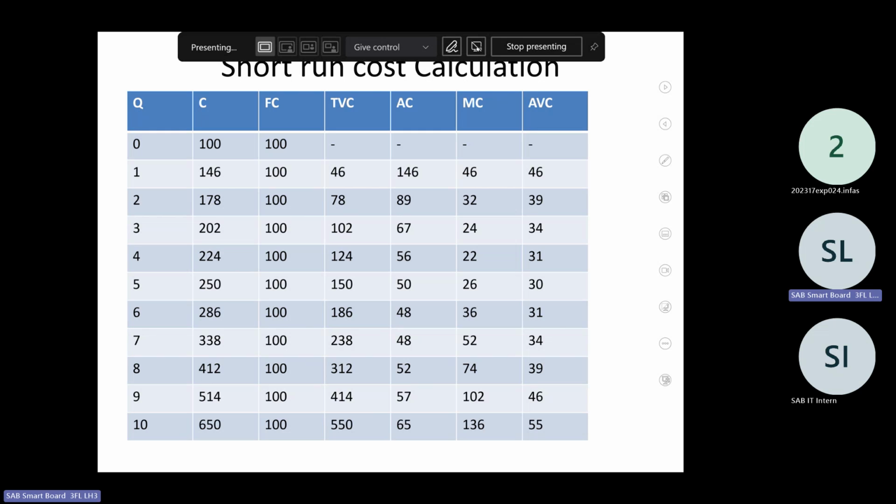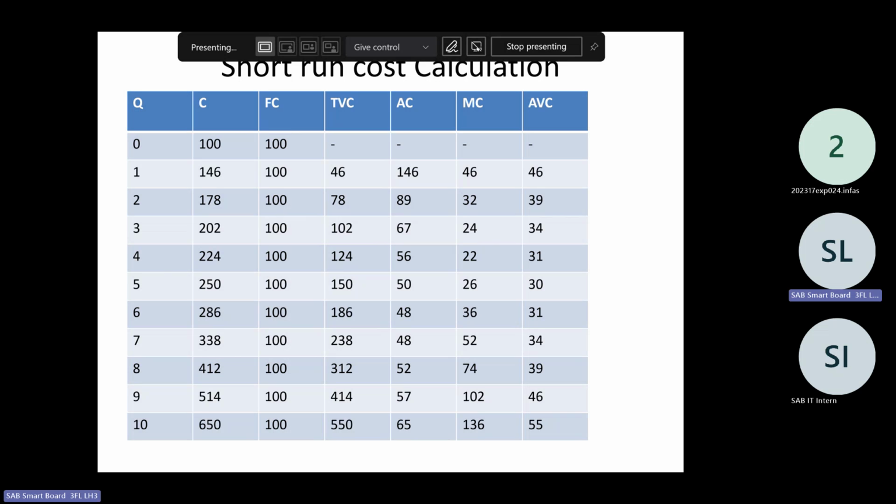It's also initially high, and then it decreases, and then again comes to the minimum level, and then increases. Average variable cost also, that means TVC divided by Q, is initially high, decreases, comes to the minimum, then thereafter increases.